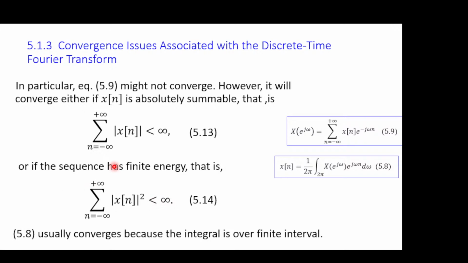And if you have those kinds of things, you can see that this 5.9 should converge, right? Because you are summing over finite things. So then your big X will converge, and that will be nice.